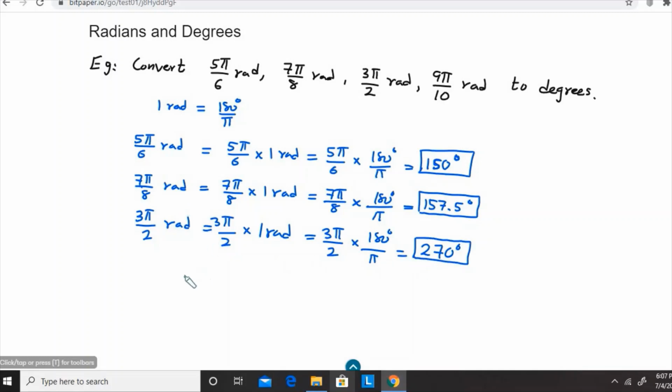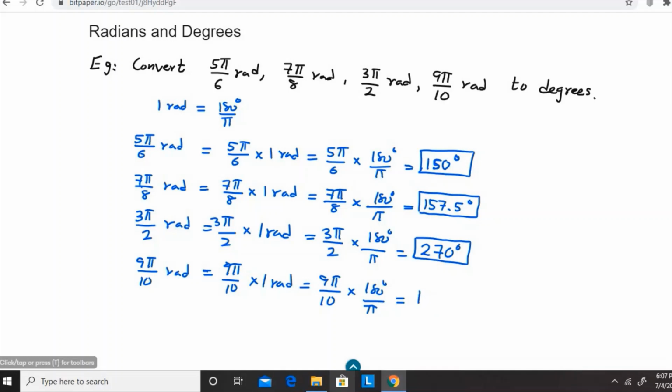Okay, and then the last one, 9 pi over 10 radians. So that means again 9 pi over 10 multiplied by 1 radian. I'm substituting for that 1 radian, 180 degrees over pi. And then when you simplify this, you can use a calculator and find the answer.